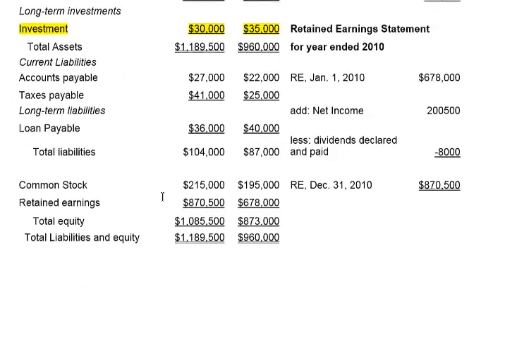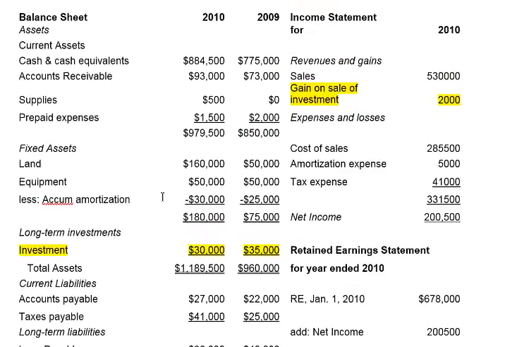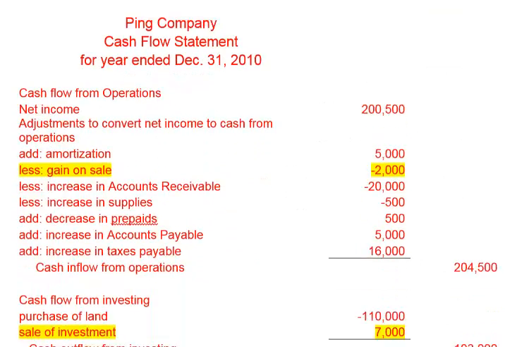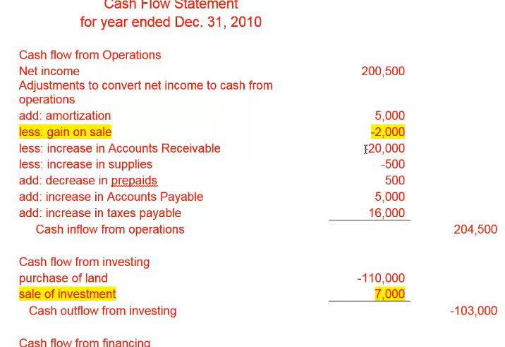So if we go back here, we can see that we have accounts receivable, and we have supplies, and we have prepaid expenses. We can see that our accounts receivable increased by $20,000. So what does that mean? When our receivable increases by $20,000, we are going to have to reduce our net income on the accrual basis to convert it to the cash basis.